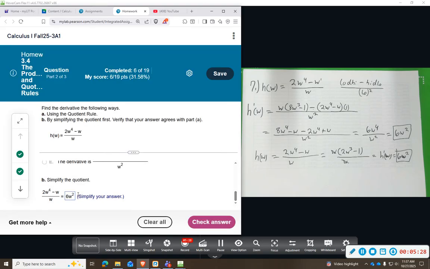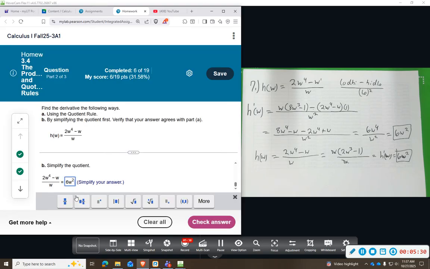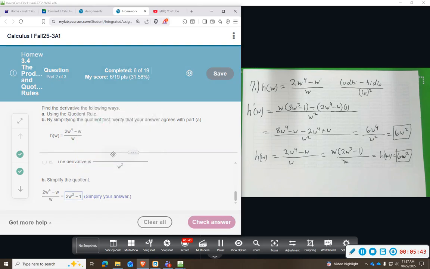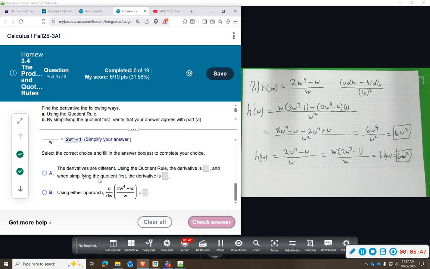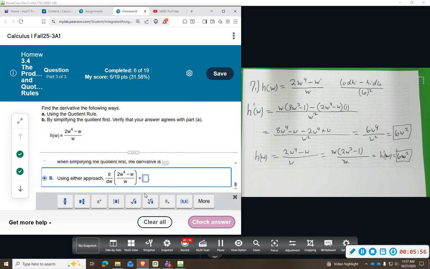Okay, they want the simplified version first. So they first want 2w to the third minus 1. And then they want the derivative using either approach.